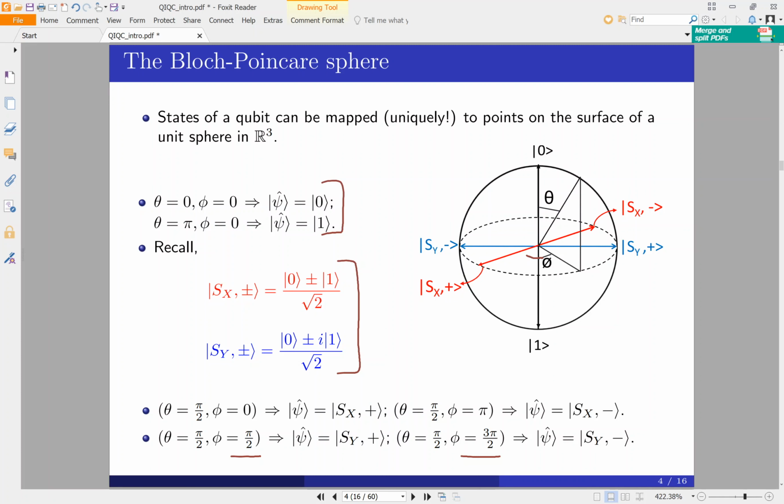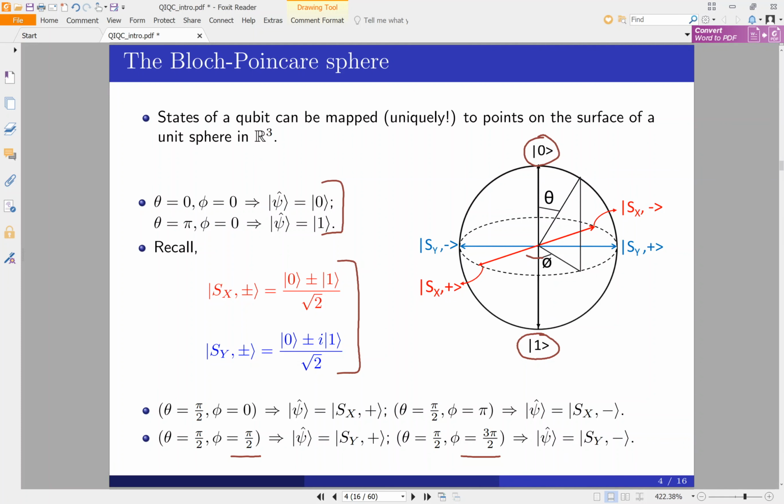Of course, the main takeaway from this is that classically you would just have two states. A classical bit in this entire picture would just correspond to 2 points, for example the point corresponding to the ket 0 and the point corresponding to the ket 1, that is, the north and the south poles of the sphere.